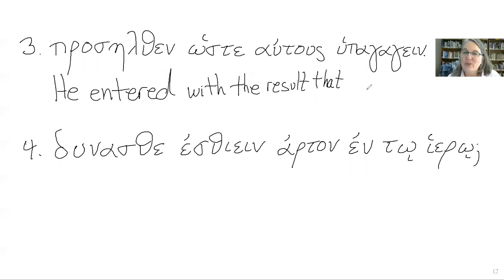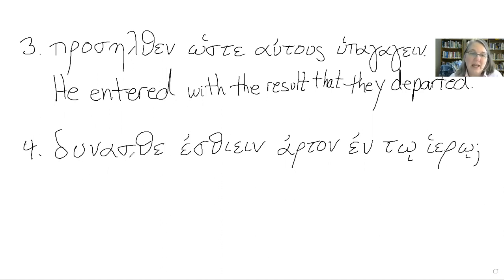So he entered with the result that they departed. The tense of the infinitive is going to match the general sense of the sentence. Here, clearly, entered is in the past, and so with the result that they departed, it's a result, it's already happened, so it's past tense as well.